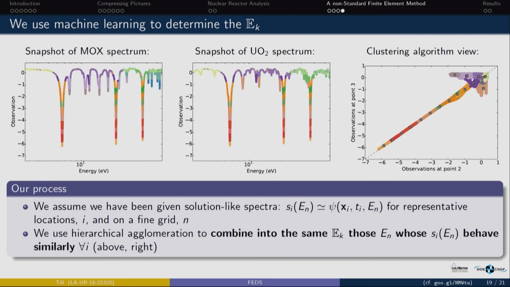So if you assume that you can compute very fine spectra, which is to say solutions for your flux for some much simpler problem, but that has all the fine scale energy dependence in it, for several representative, say, locations in your problems, then what you can do is hand that to a clustering algorithm, and it will tell you what the energy elements are.